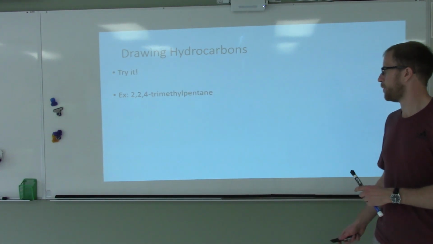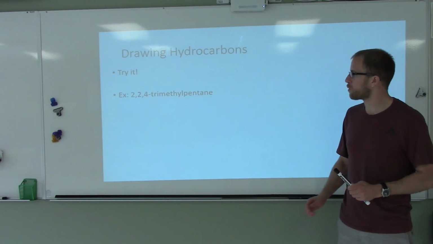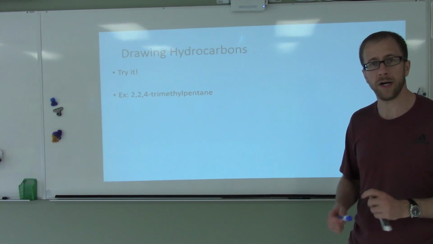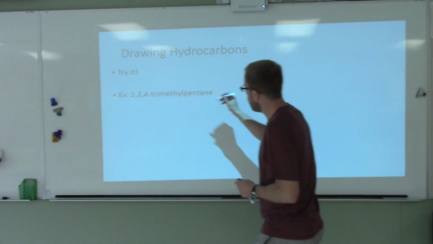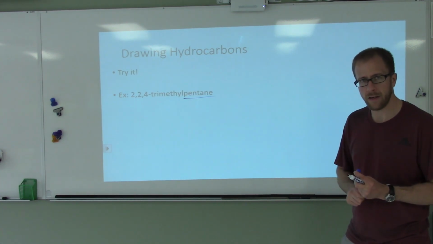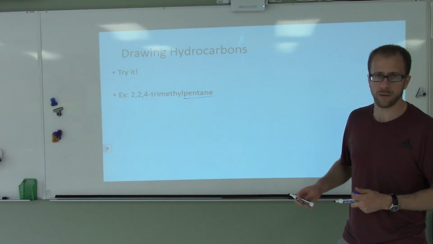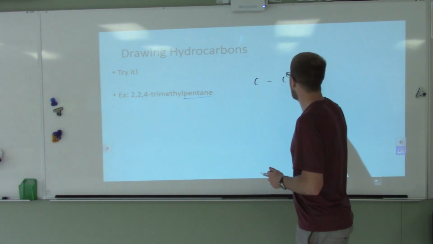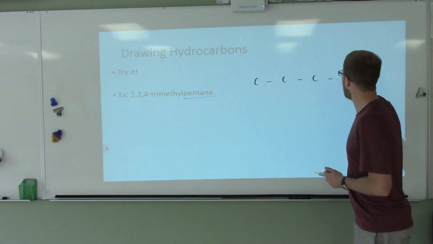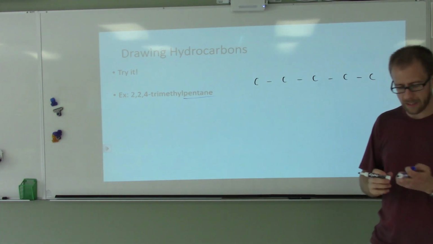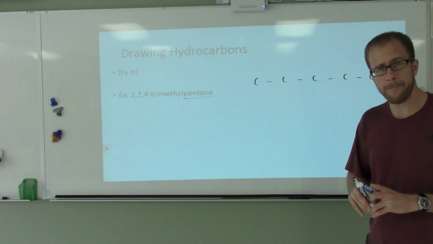So let's do an example. 2,2,4-trimethylpentane. What is our parent chain here? It is pentane. And if our parent chain is pentane, how many carbons am I going to draw? I am going to draw 5. So here I'm just going to space out and draw 5 carbons. Next up, we need to number them.